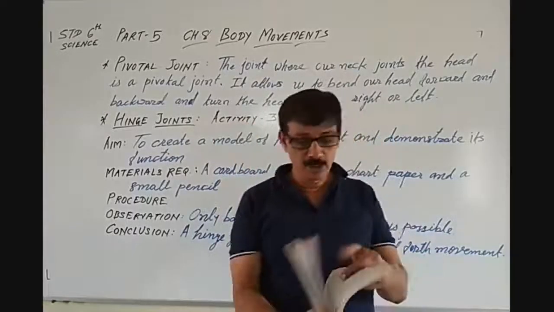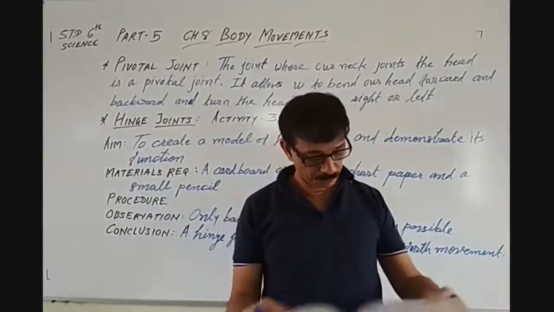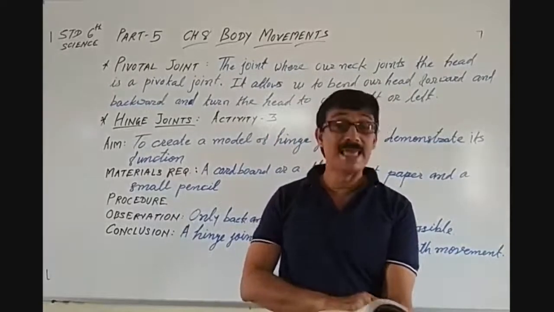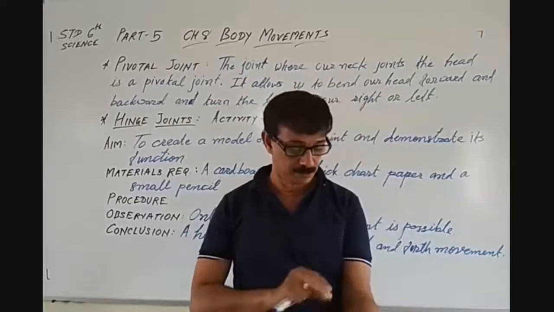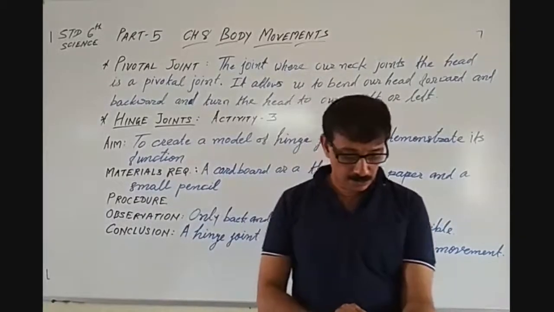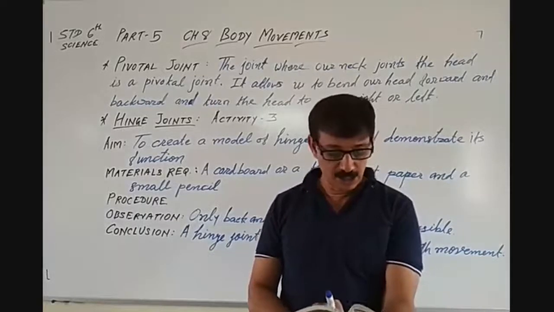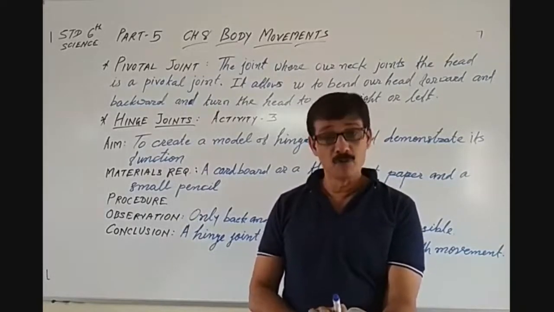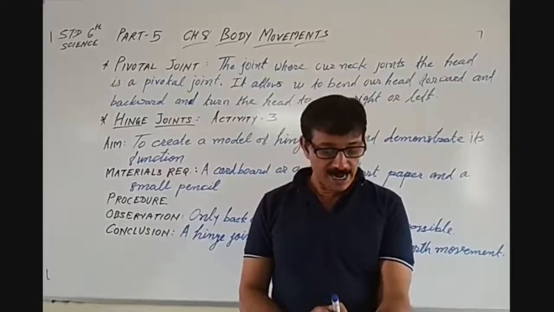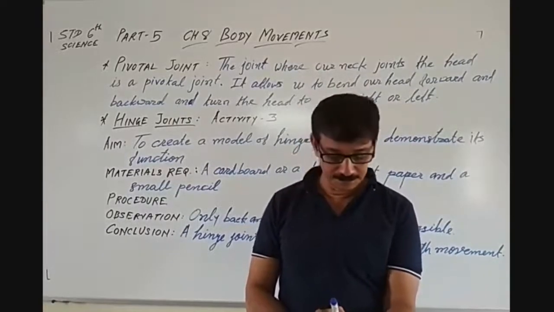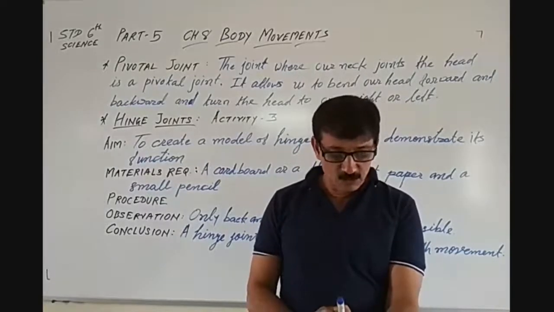Okay, let's look into this textbook also. Open your textbook and be on the page number 68. So this joint allows us to bend our head forward and backward and turn the head to our left and right. Try these movements.